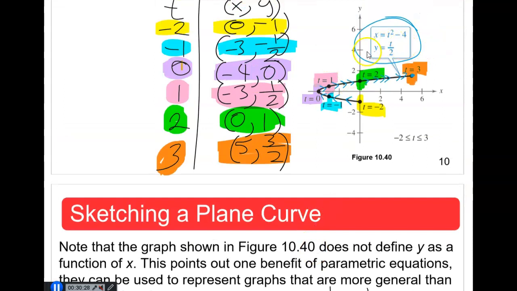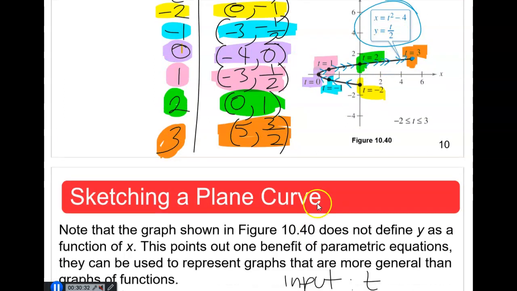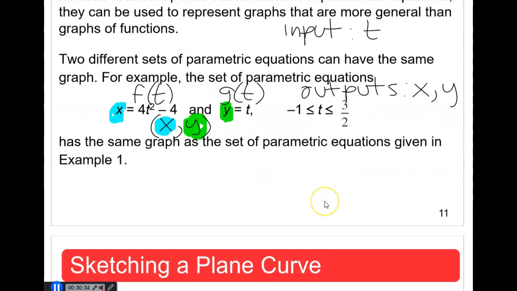So if you notice here, y was defined as t over 2, and for the other one, we're using y equals t. In fact, this is probably the simpler way to do it. If we had to find two parametric equations, this is the simplest way: just pick one of those and say that equals t.